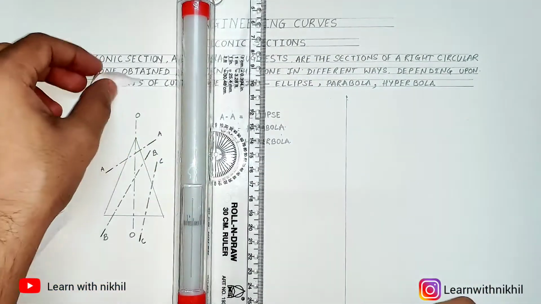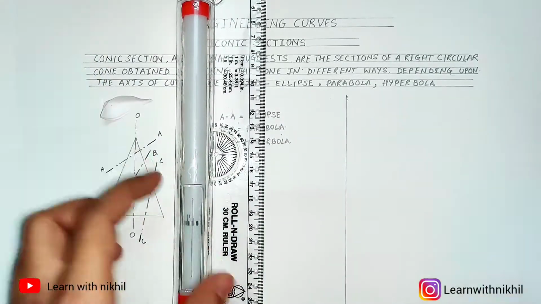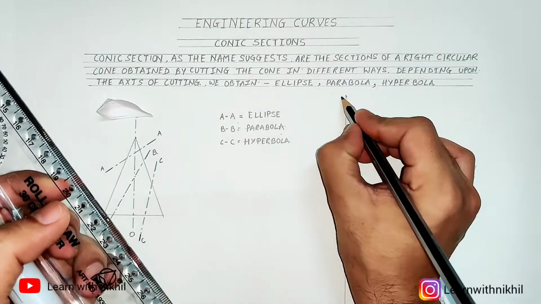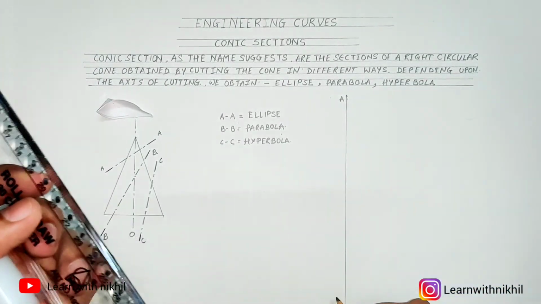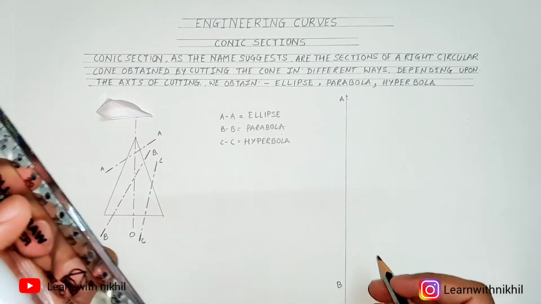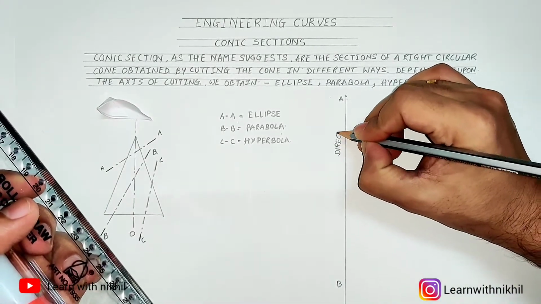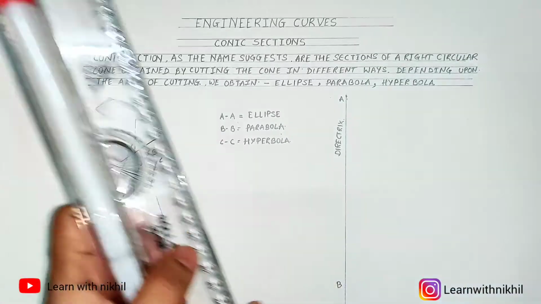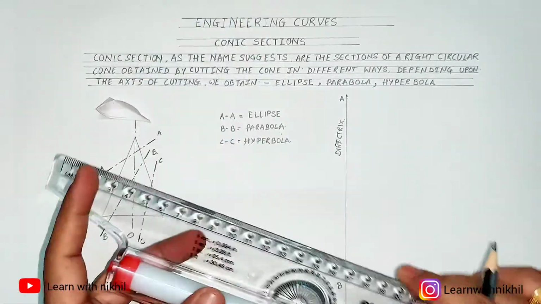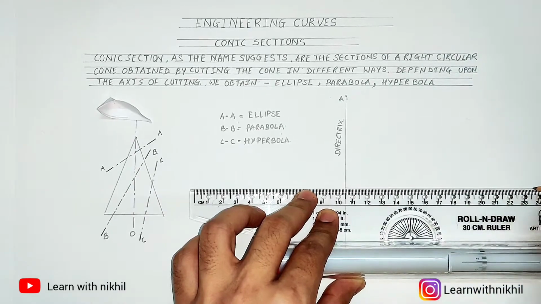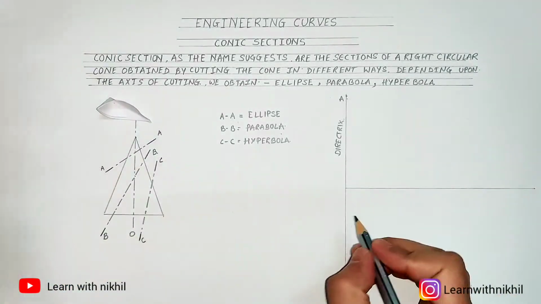I'll just draw how the actual shape of an ellipse looks and how you have to draw it in a two-dimensional way. So this line is a directrix. These are the few parameters you have to keep in mind. The straight vertical line is a directrix.